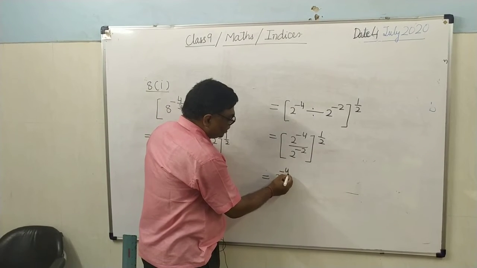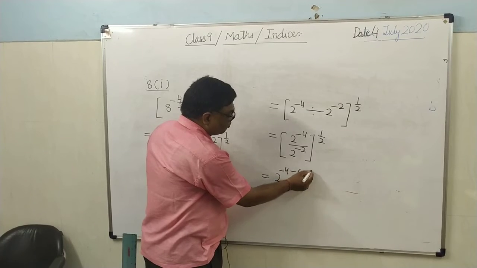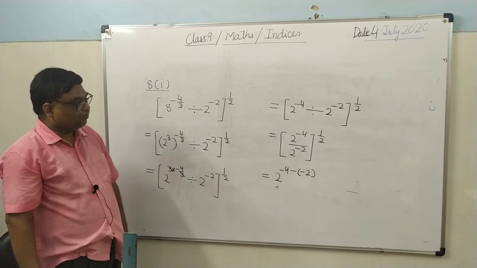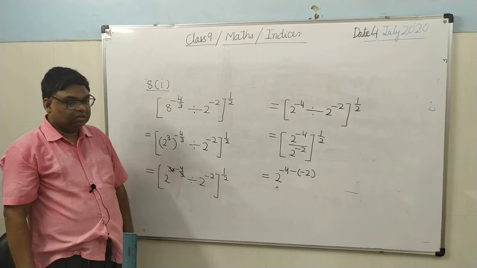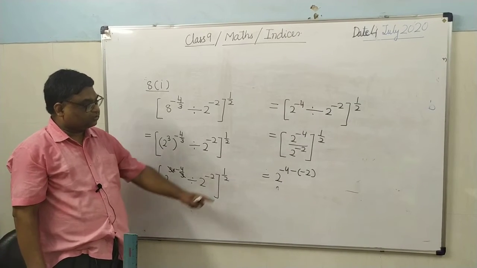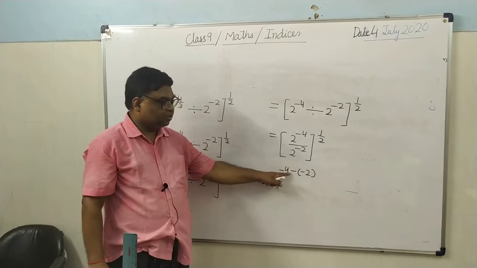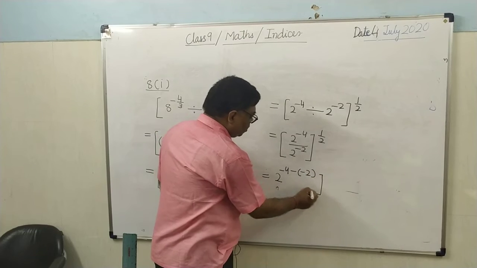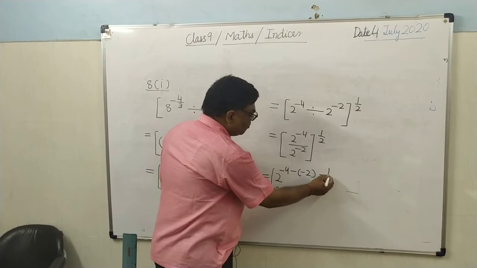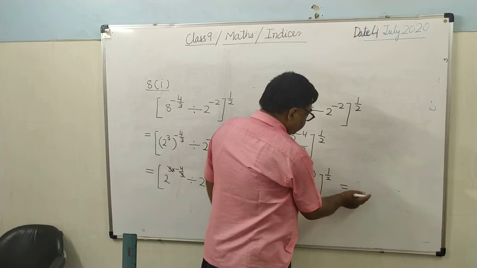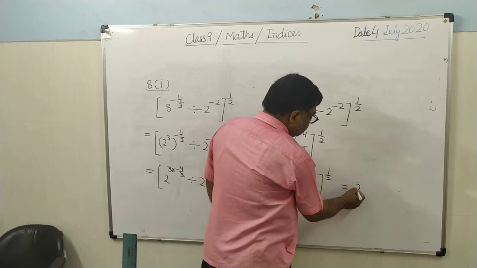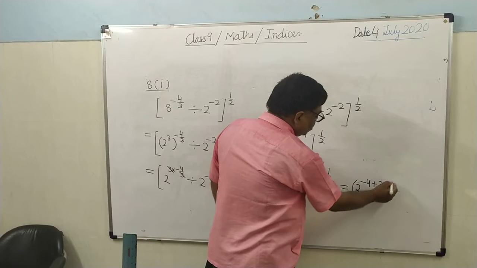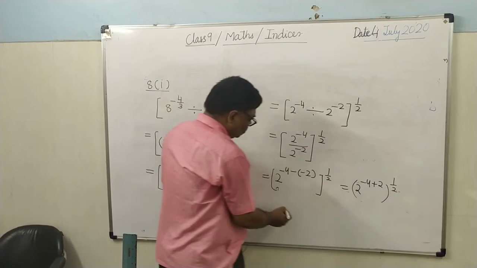From the power on top, subtract the power on the bottom. What is the power of numerator? Minus 4. From this you subtract, so I will put the minus sign. Power of denominator minus 2. Then whole to the power 1 by 2. So it will be equal to what? 2 to the power minus 4 plus 2 whole to the power 1 by 2.